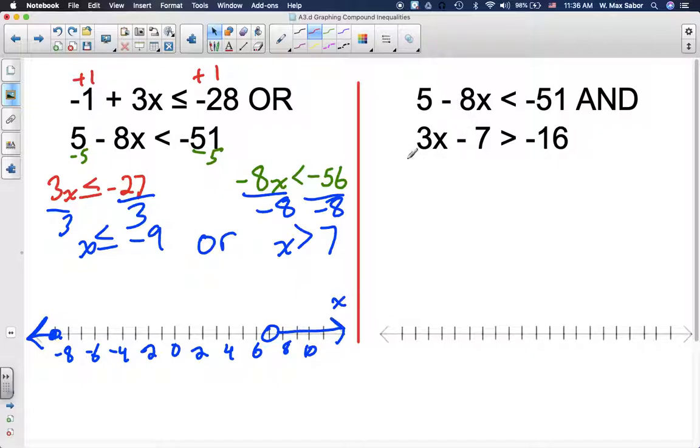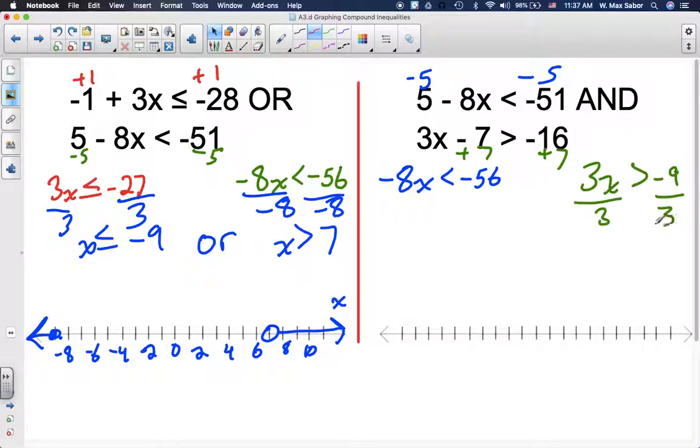Here, let's subtract 5. Oh, this is the same inequality there. Negative 8x is less than negative 56. The second one, we add 7 to both sides. So 3x is greater than negative 9. Divide by 3. X is greater than negative 3.